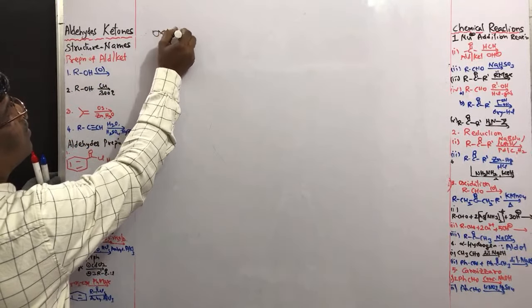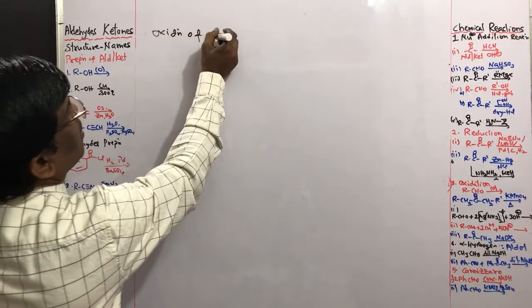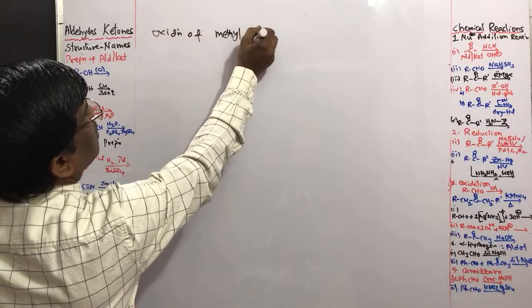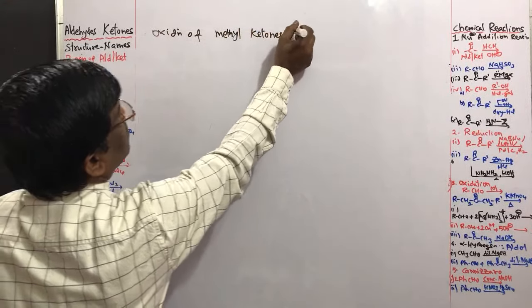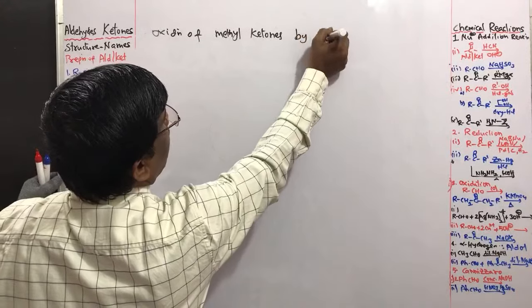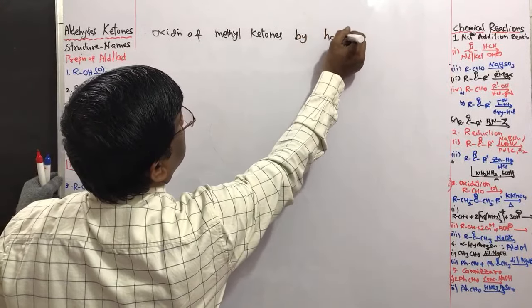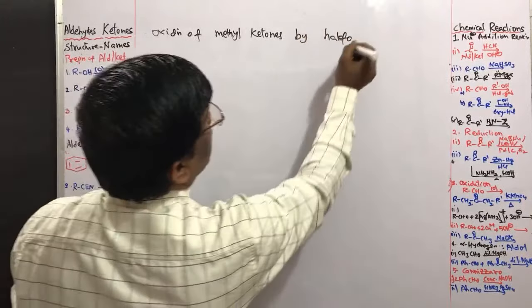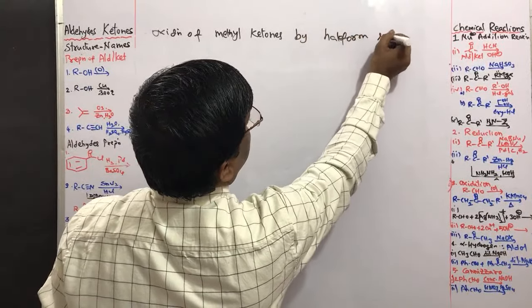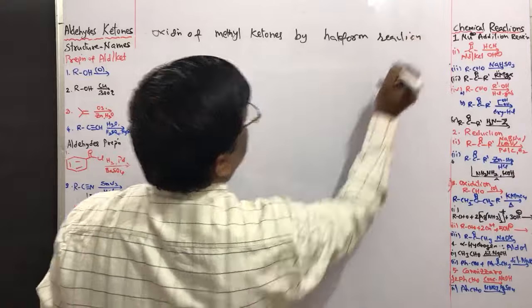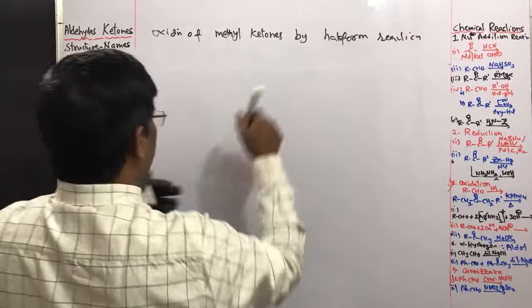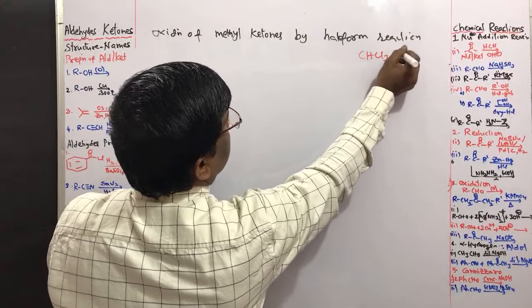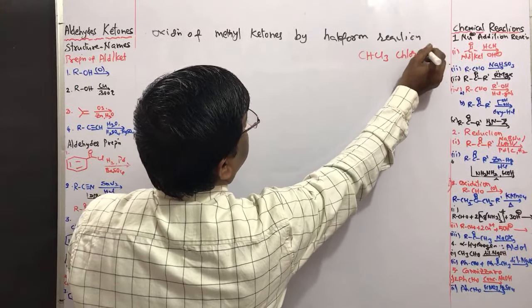Oxidation of methyl ketones by haloform reaction. Do you know chloroform? What is the formula of chloroform? CHCl3. It is chloroform.